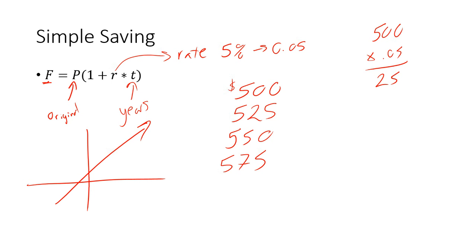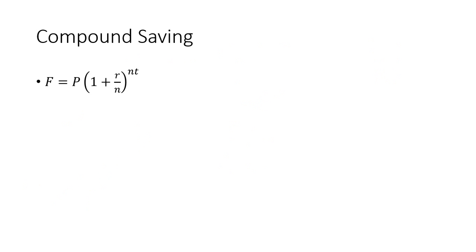Now, the other one that we have is compound interest. Compound interest is different. It's more of an exponential growth. All right, so it grows faster. It's usually what you'll see with many savings accounts, and it builds on what you have at the moment. And again, in this formula, F is the final, P is your original amount, R is the rate, again in decimal form, T is the number of years, and N is the new variable here.